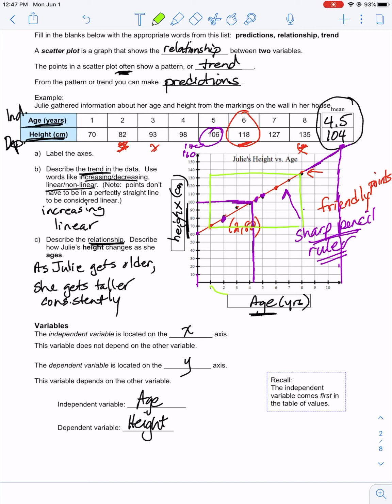So any age that's between 1 and 8, or any height that's between 70 and 135, that is called interpolation. It's within the set of data.